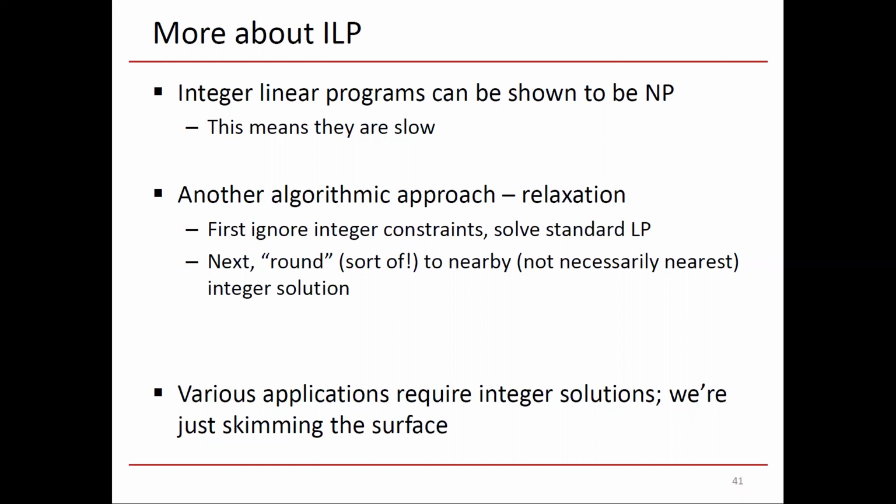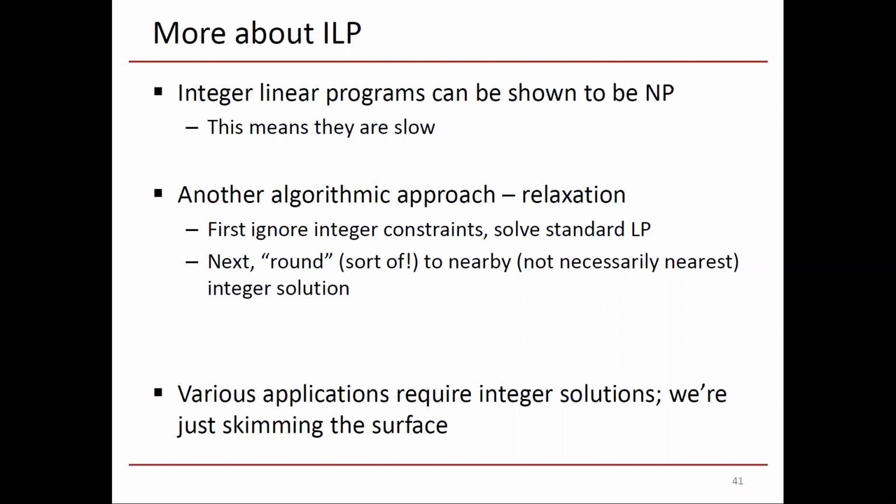We believe that it cannot be done in polynomial time, but this hasn't been proved formally. This is a long-standing conjecture in theoretical computer science, and people are extremely confident that these problems indeed require combinatorial runtime. All right, so integer linear programs, if you can solve them optimally, it probably requires combinatorial runtime.